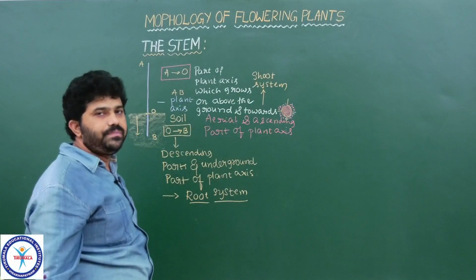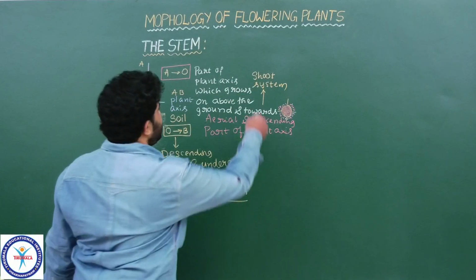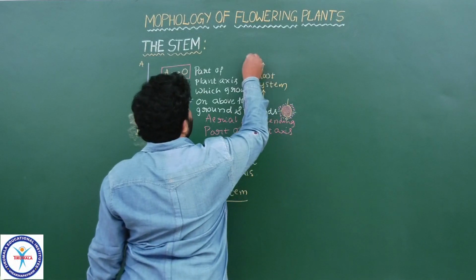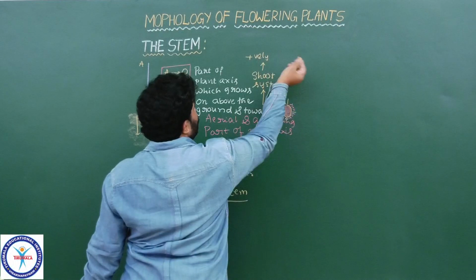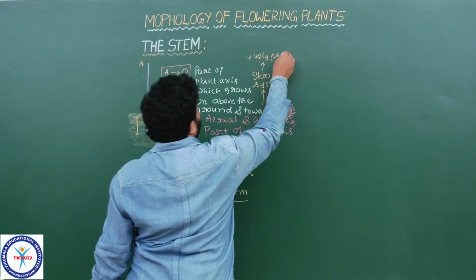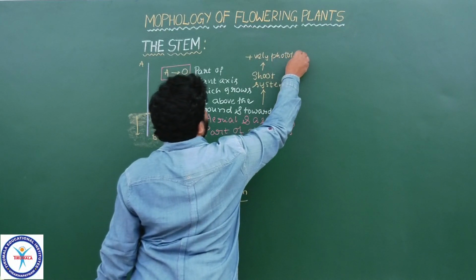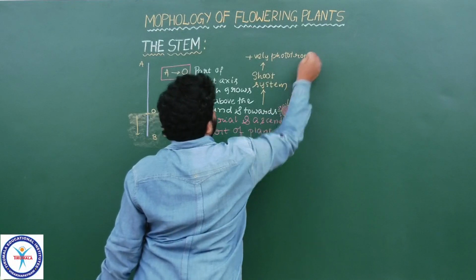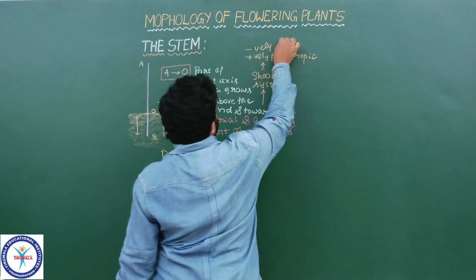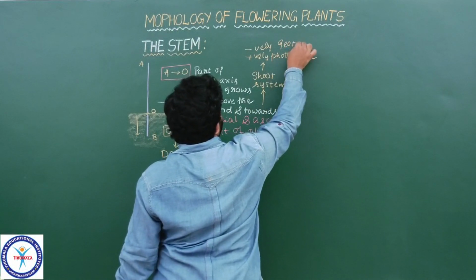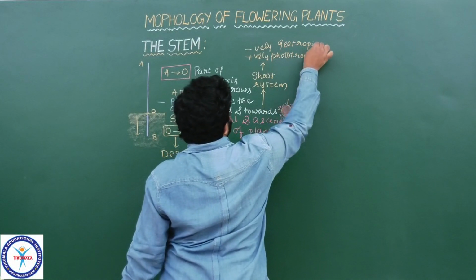Now you got the point. And the shoot system is positively phototropic, towards the light, and negatively geotropic. Isn't that right? Negatively geotropic.